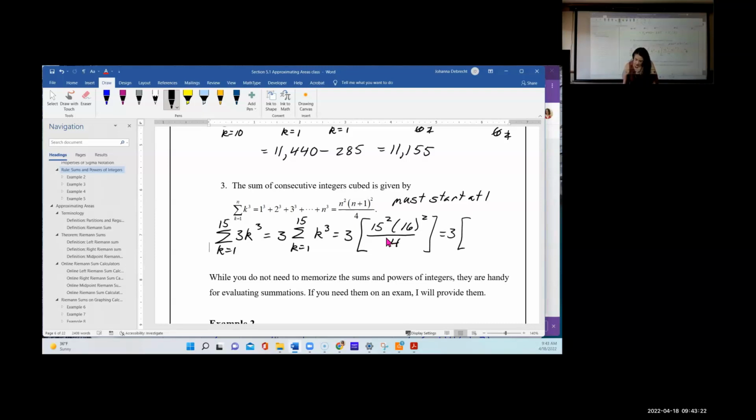Which is, well, 3 times 225 times 256 divided by 4, whatever that comes out to be. It's still going to be a fraction, I believe. No, it's not. The 4 is going to cancel completely. Okay, so 3 times 225 times 256 divided by 4.